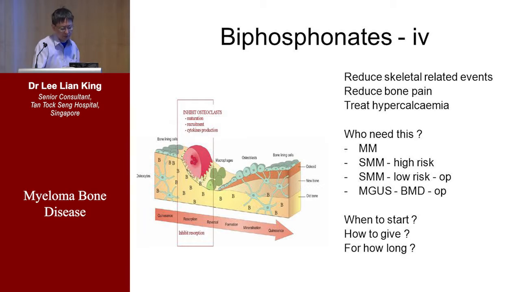In my practice, I've come across patients who've been treated for osteoporosis with oral bisphosphonate, and I thought, okay, they're already on treatment, they carry on. But my impression is they get further skeletal events as the disease progresses during treatment.